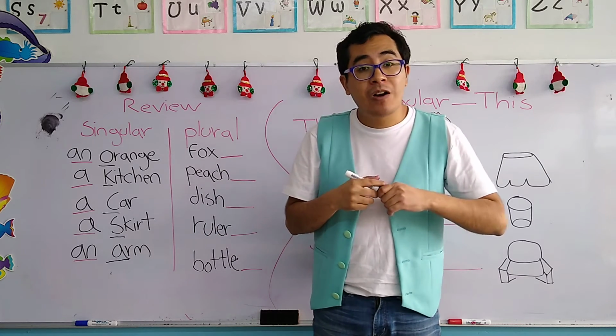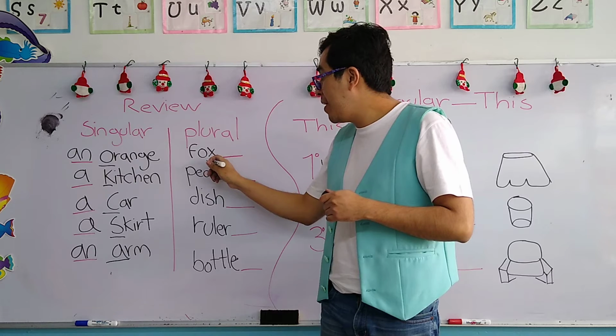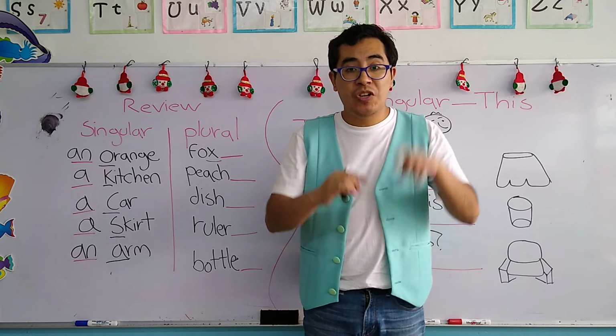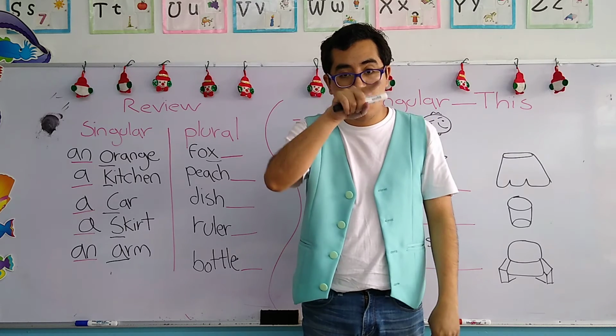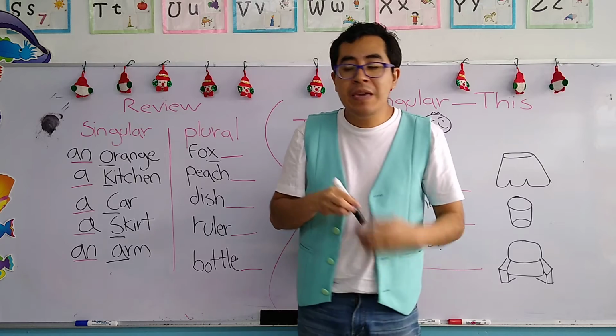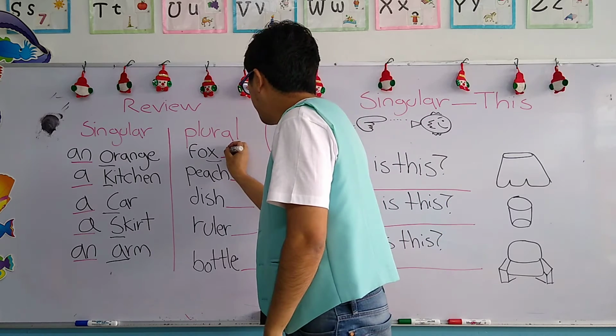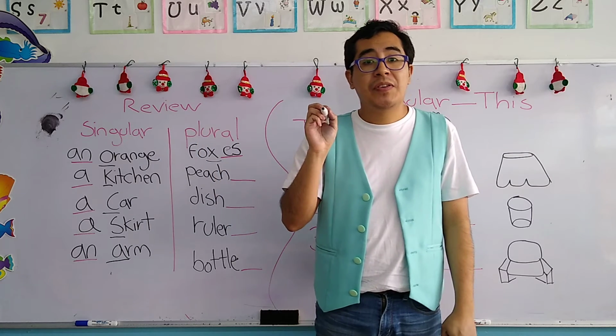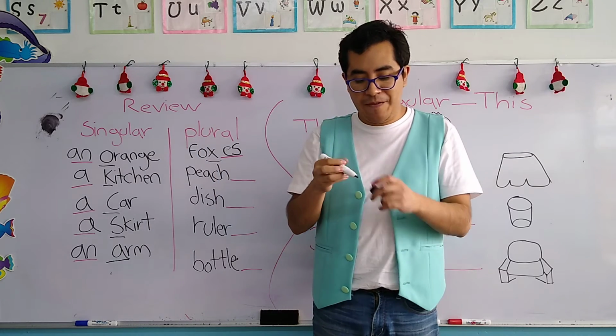Now the word fox finishes with an X. Remember the rule. If the word finishes with X, H, or S, we are going to add, y vamos a agregar, ES. Foxes, zorros. Okay, very good.